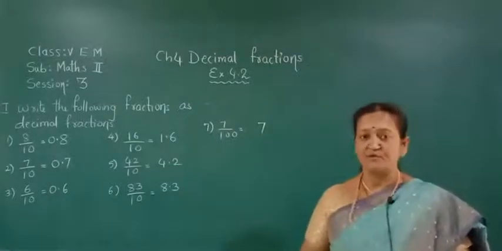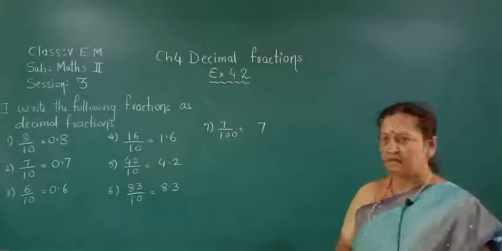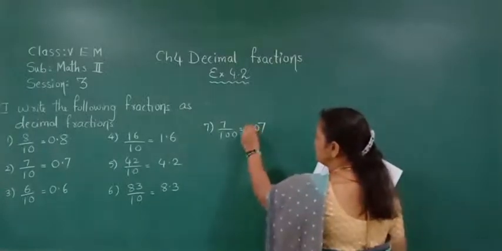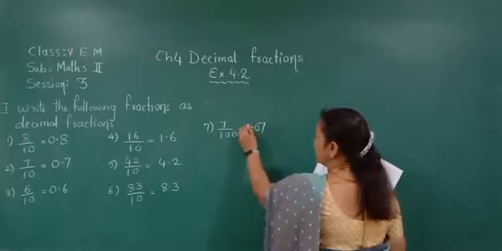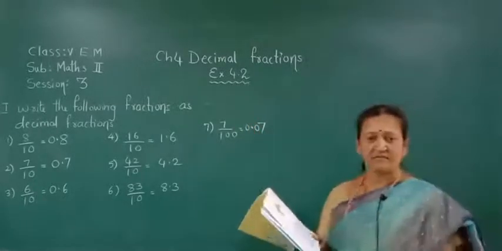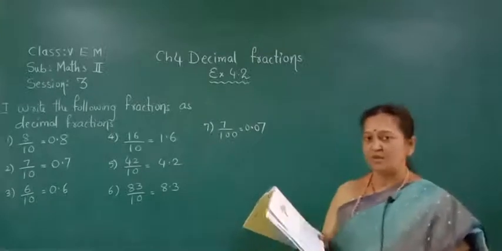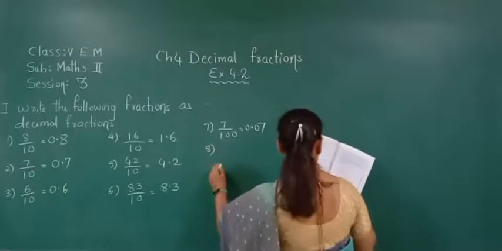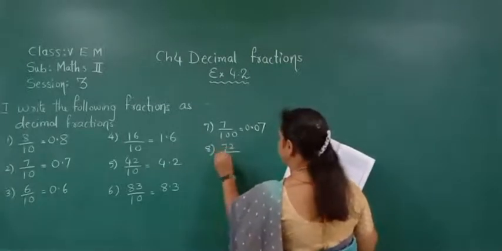Here we have 2 zeros in the denominator. So count 2 digits, 1 digit, make 2 digits, then decimal point and add 0. So 7 by 100 is equal to 0.07.